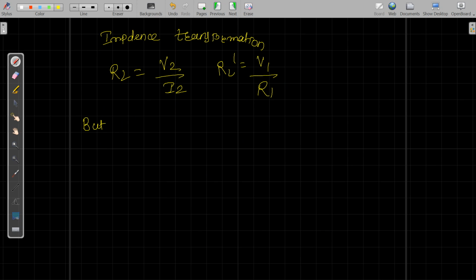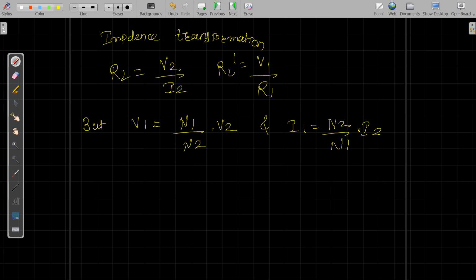But what we know is that V1 equals N1 by N2 into V2, from the voltage transformation. And for current, I1 equals N2 by N1 into I2, right?